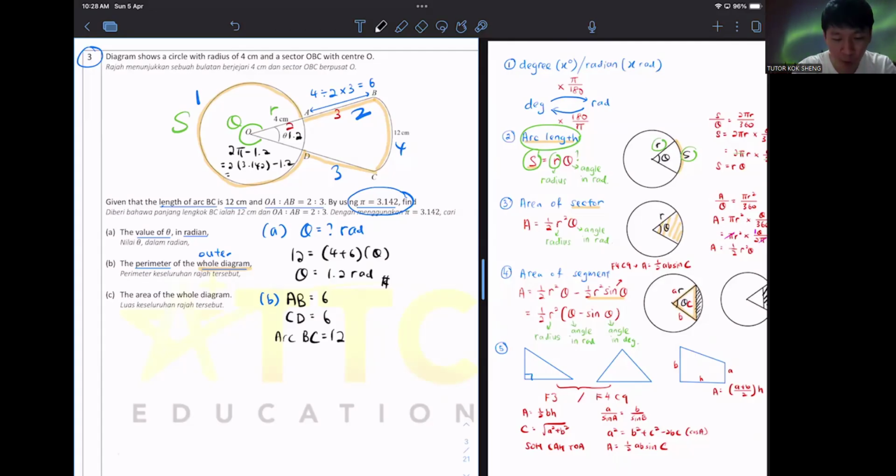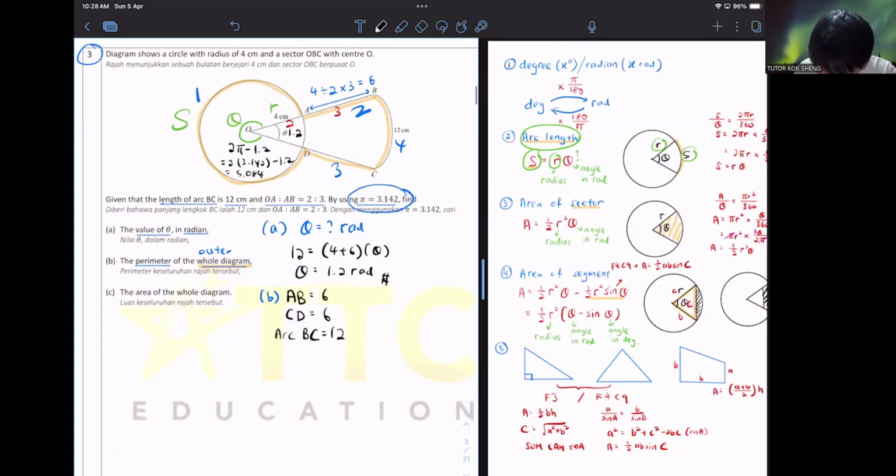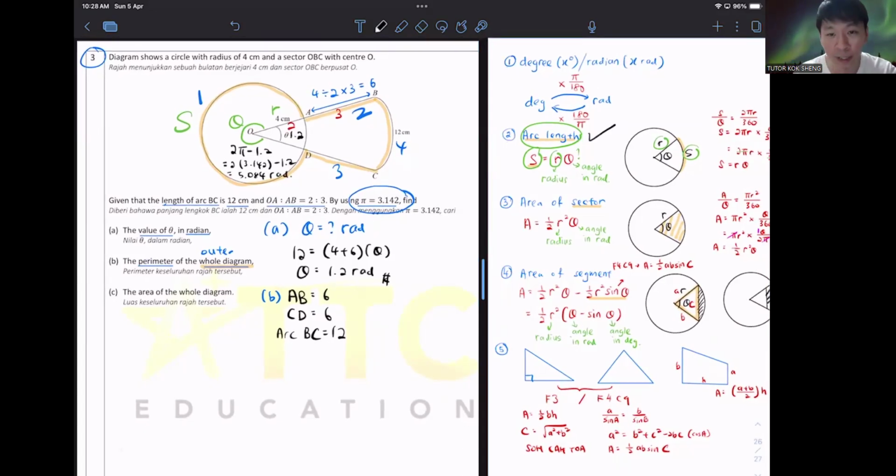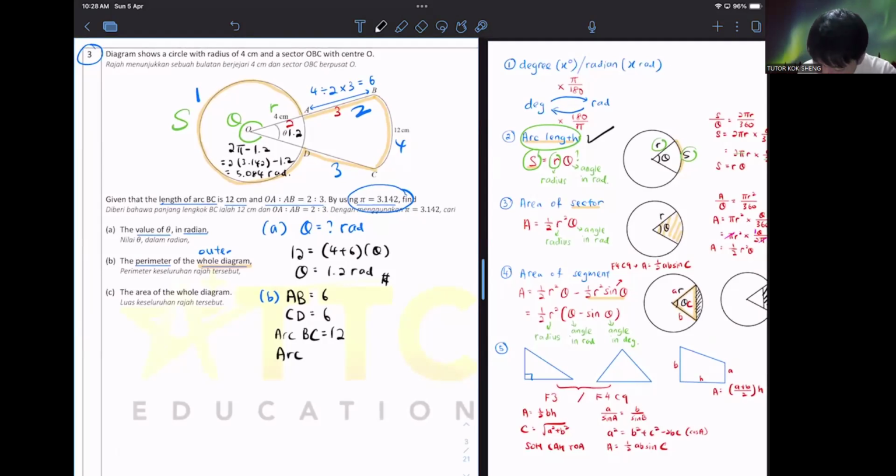So 2 times 3.142 minus 1.2. So this is the radian on the left, 5.084. Same formula: you have r, you have theta. So this is the arc AD.